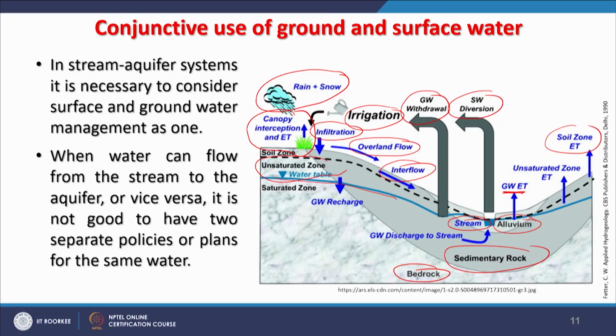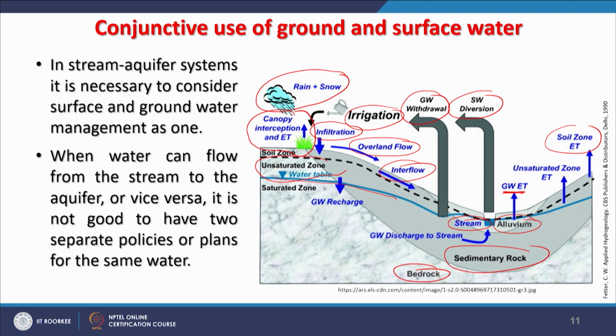So, water can flow from a stream to aquifers, and here we can also see that part going to the aquifer, or vice versa, whether your stream is effluent or influent. It is not good to have two separate policies or plans for the same water.